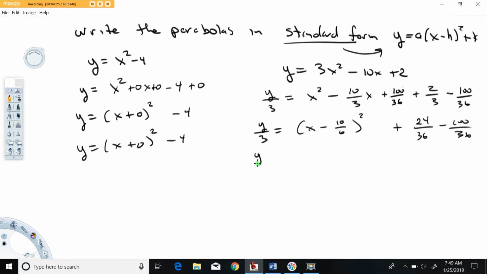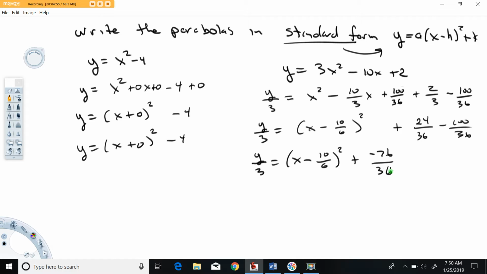Let me write another line: y over 3 equals x minus 10 over 6 squared plus 24 over 36 minus 100 over 36. What is that? Minus 76 over 36. Is that correct? 24 minus 100, yeah, I think that's right. Oops, 36, not 32.